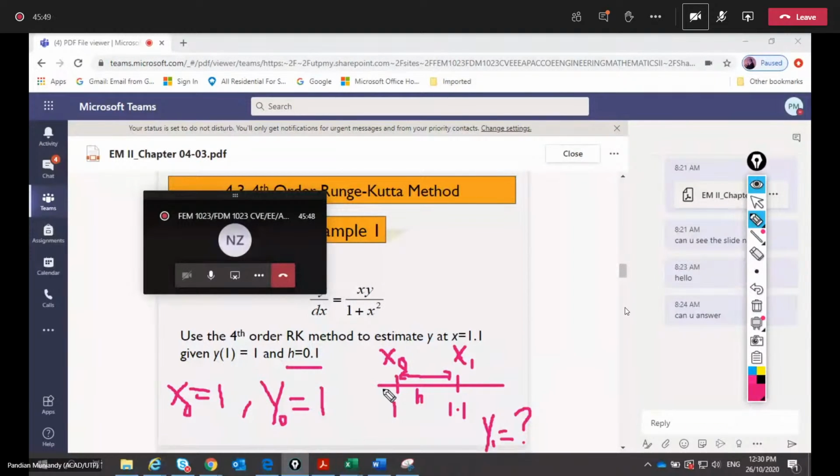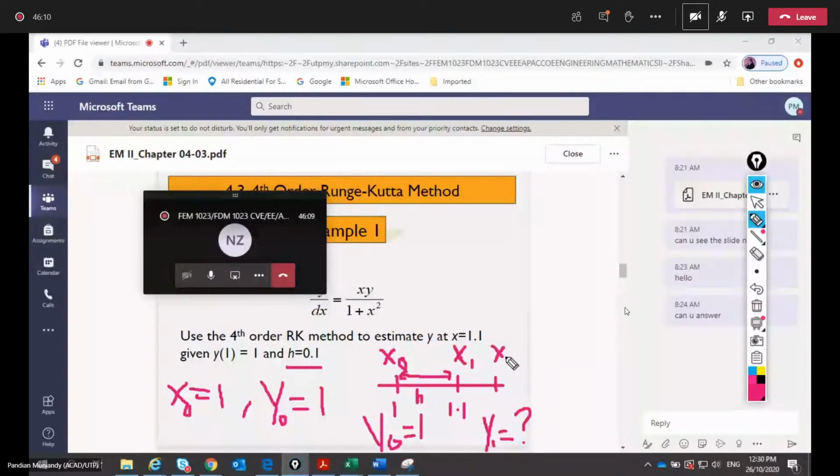So at x naught, your y naught output is known already. This y naught is 1. So this is known. But at x1, 1.1, y1, we don't know. If I add one more, then this becomes homework for you.